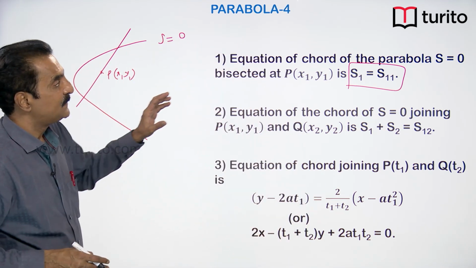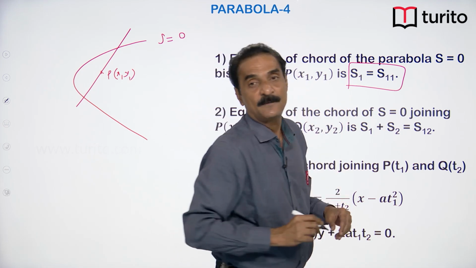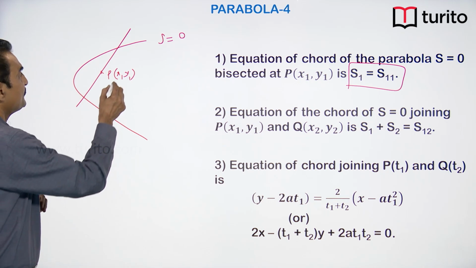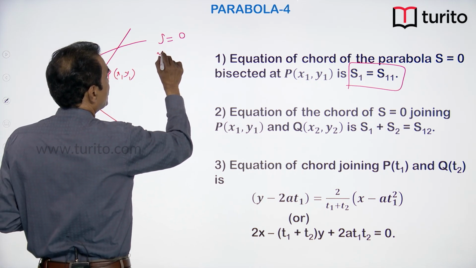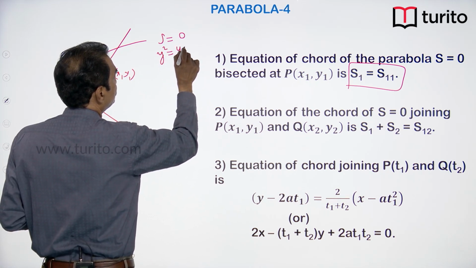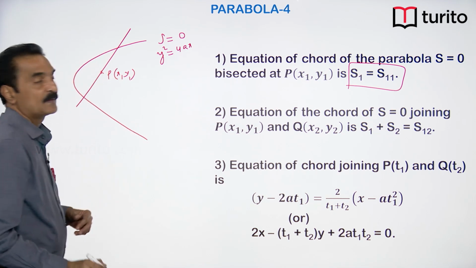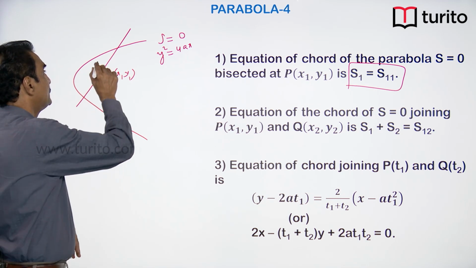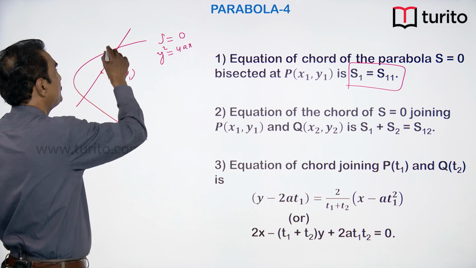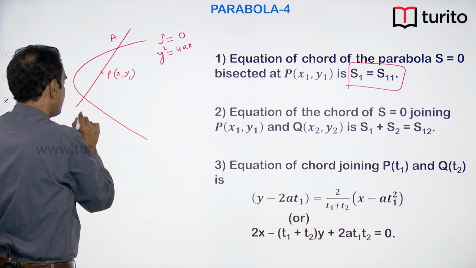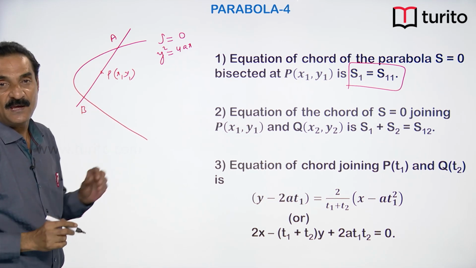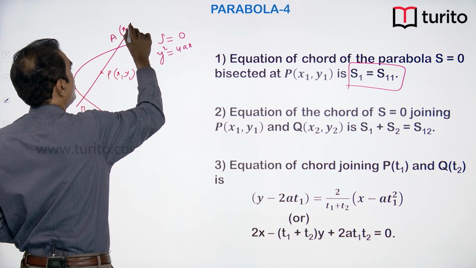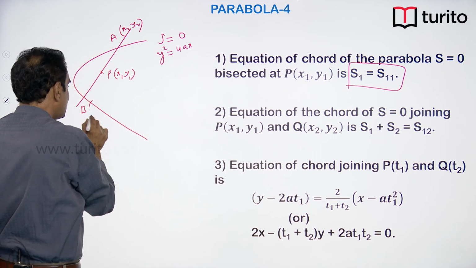We can prove it by taking S as a standard parabola. Let us take the parabola as y^2 = 4ax. Then consider a chord AB where A and B are (x2, y2) and (x3, y3).